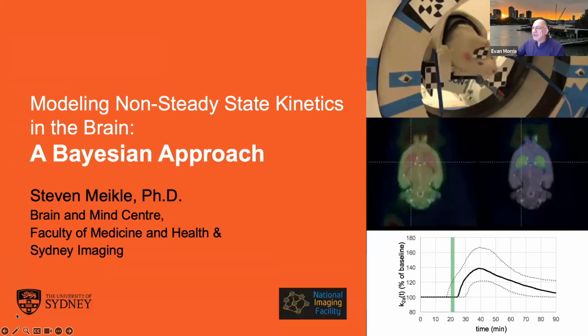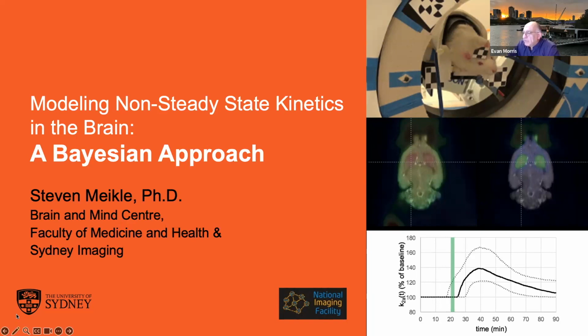Okay, so it's my pleasure to introduce Steve Meikle. Steve is a professor of medical imaging physics at the University of Sydney. He received his PhD from the University of New South Wales in 1995. Steve began his career as a medical physicist at Royal Prince Alfred Hospital in Sydney, spent a year at UCLA as a visiting scientist, and then took a postdoc position at the MRC cyclotron unit at Hammersmith Hospital in London before joining the University of Sydney in 2004.